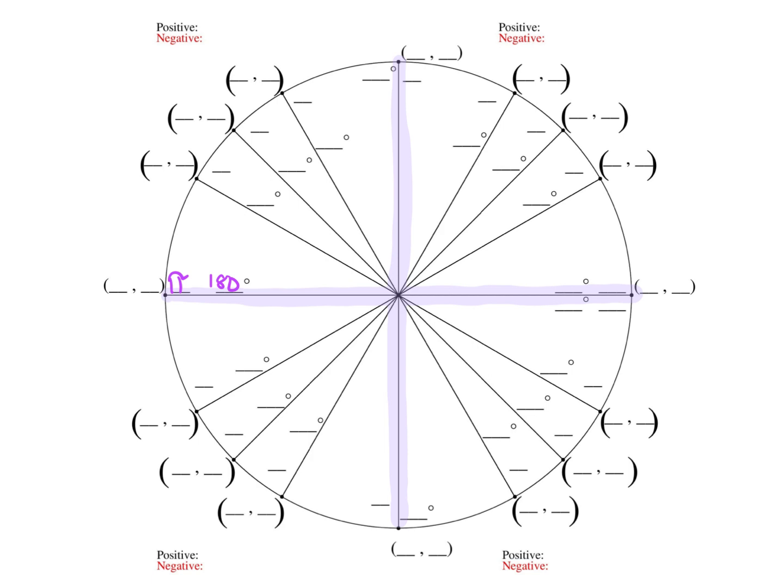I know that. And I know that this is 0 degrees, and that is 0 radians. But also, if I go all the way around, this is 360 degrees, and that's 2 pi radians. That stuff we've already talked about.